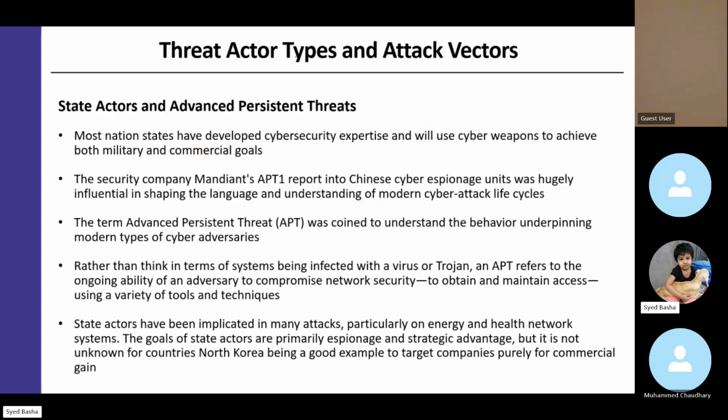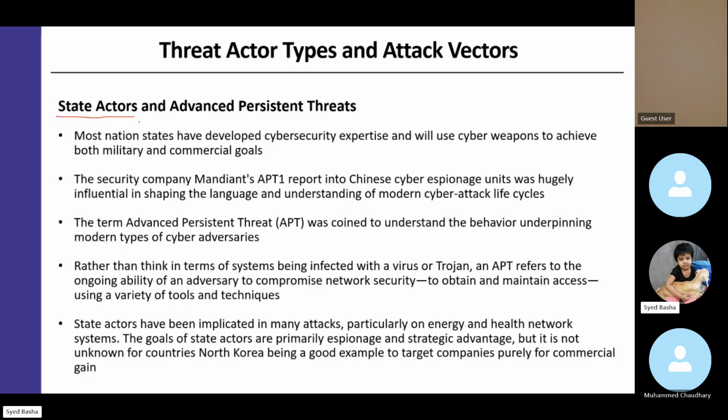State actors, advanced persistent threats. I have earlier told you about the nation state, which is the same. Nation state and state actors are the same, funded almost entirely by a country's government. It is highly possible that each and every country has its own hacker group.